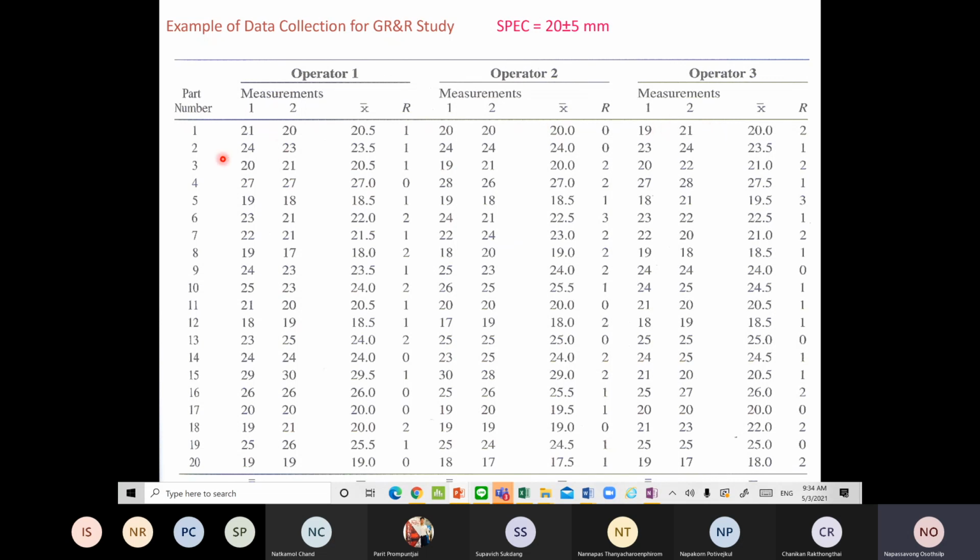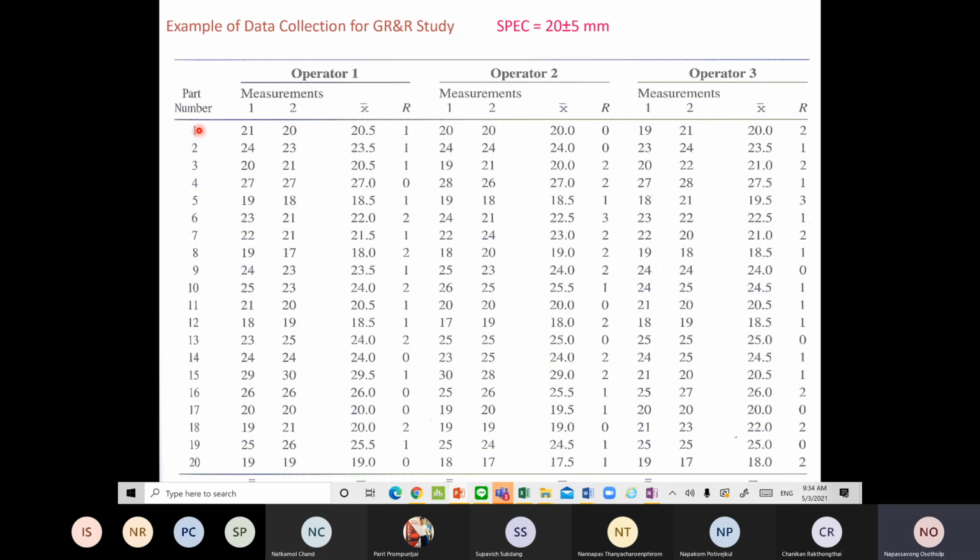And they have to do the test for more than 1 part. In this case, they ask each operator to measure 20 parts, so that they have a larger sample size.